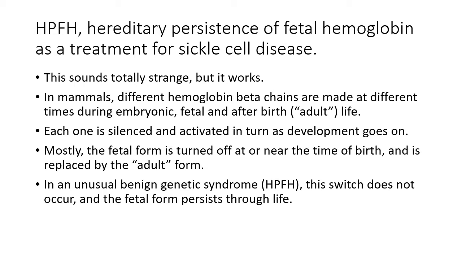But in cases where there are mutations leading to hereditary persistence of fetal hemoglobin, the switch doesn't occur, so the fetal hemoglobins are not turned off, and they will persist throughout life. So this is a trick because it apparently has been known to mitigate the effects of a sickle cell allele. This trick is what's going to be used in these gene therapy experiments to try to mitigate or ameliorate the symptoms of sickle cell disease.